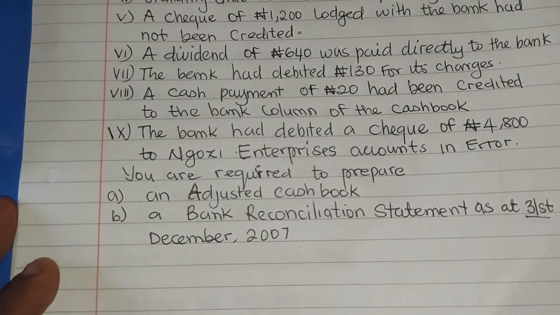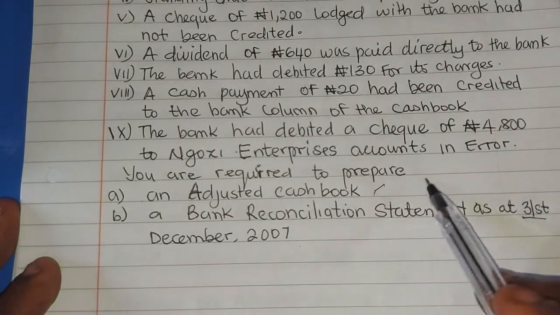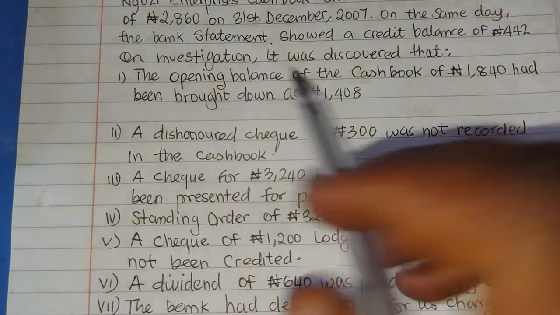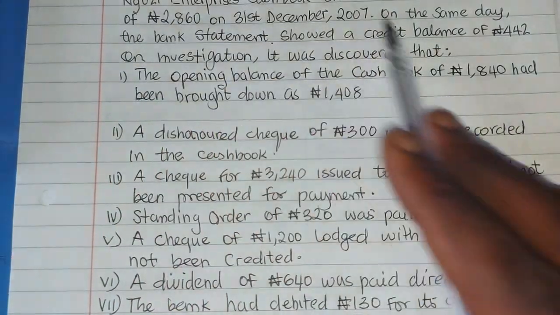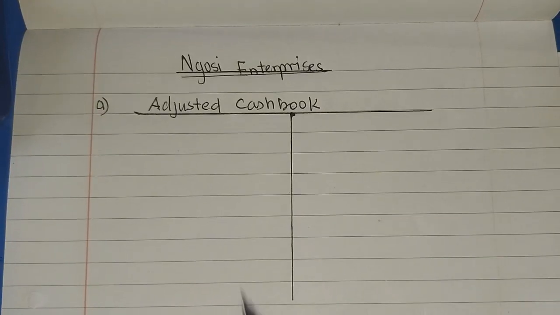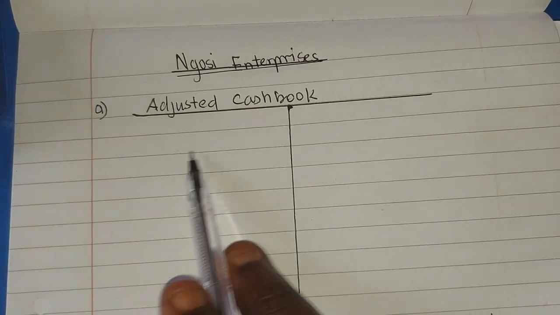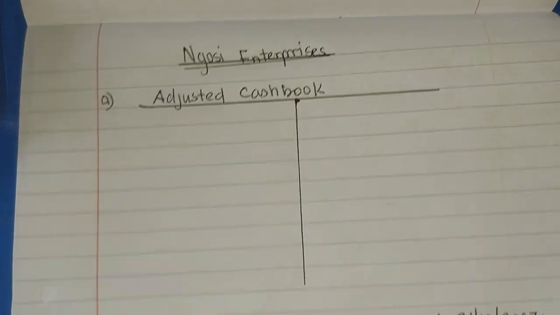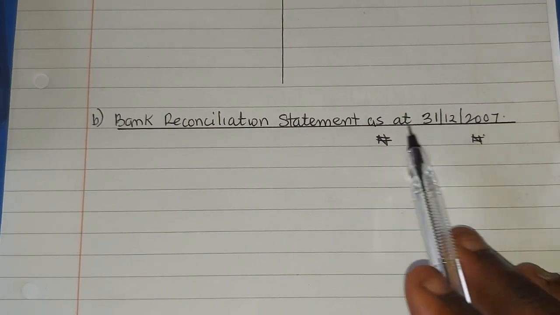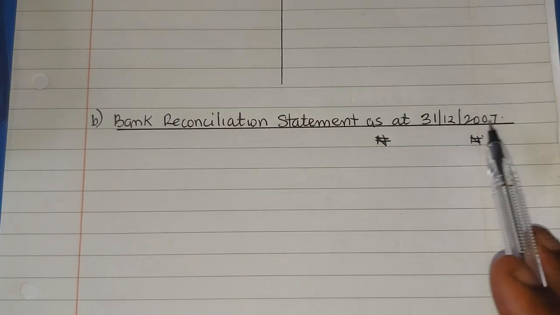So the first thing to do is to write out these formats: the adjusted cash book, then you look at the name of the business, which is Ngozi Enterprise, from what you have read. So let's get started. All right, you have Ngozi Enterprises. Okay, we have the adjusted cash book, you rule. Then you have your bank reconciliation statement as at 31st December 2007.